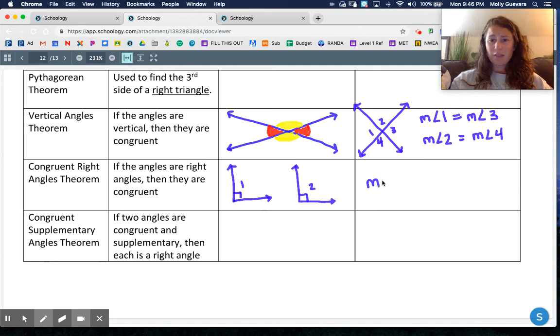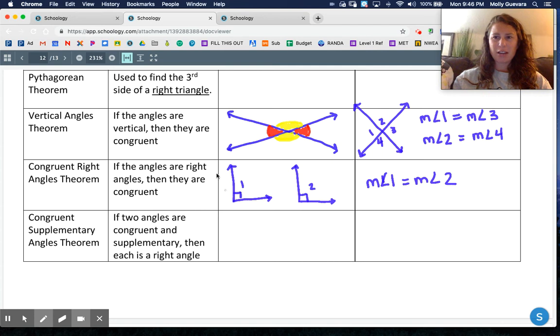I know for a fact that the measure of angle 1 is equal to the measure of angle 2. And that's literally all it's saying, is that if I have two angles that are right angles, their measures are the same. And we know that because their measures are 90 degrees, right? So hopefully that makes sense. It's kind of a little counterintuitive, right? Because we know that they're the same if they're right angles, but it's just a theorem that we need to know.